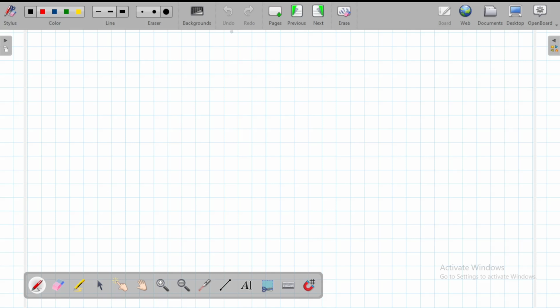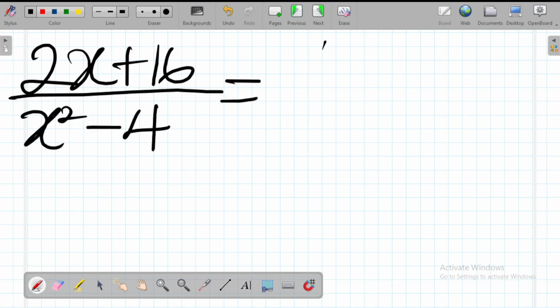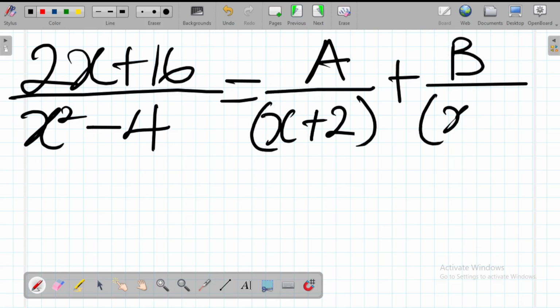Alright, let's substitute the value of a and b into equation 1. Remember that equation 1 is this: 2x plus 16 all over x squared minus 4 is equal to a all over x plus 2, and then plus b all over x minus 2. This is equation 1.